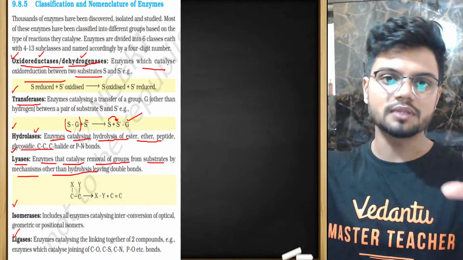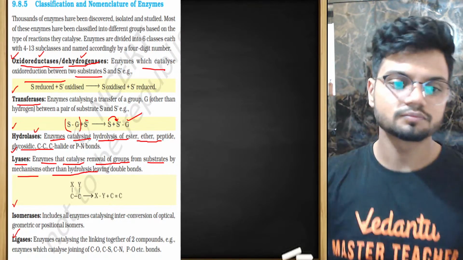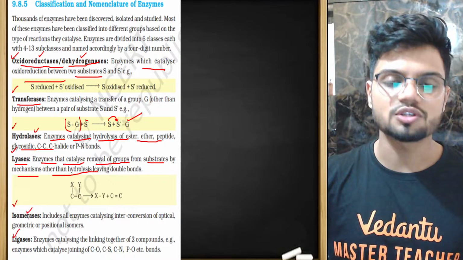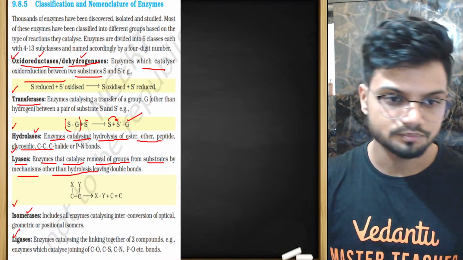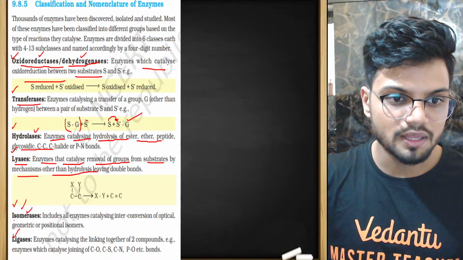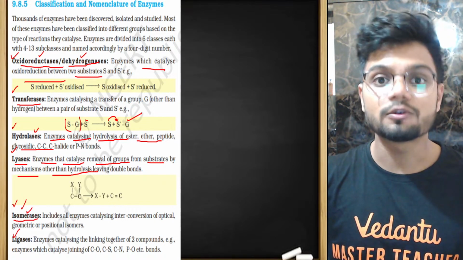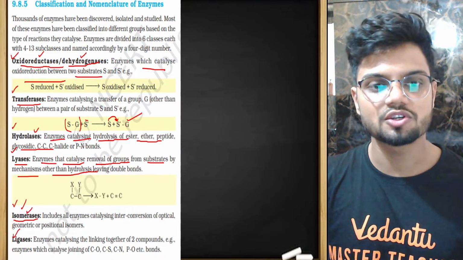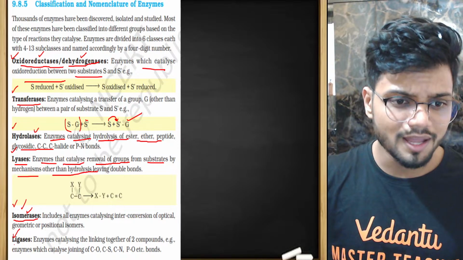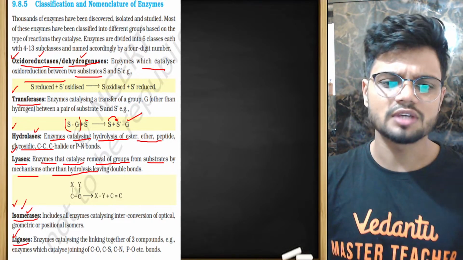So it is removing something but without water. Isomerase, all of you know isomerization. Same chemical formula, different structural formula. Most application is there in glycolysis: glucose 6 phosphate to fructose 6 phosphate, isomerization, same enzyme. Last one is ligase, like DNA ligase, which helps in joining.